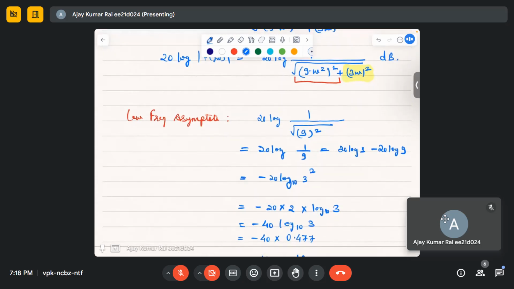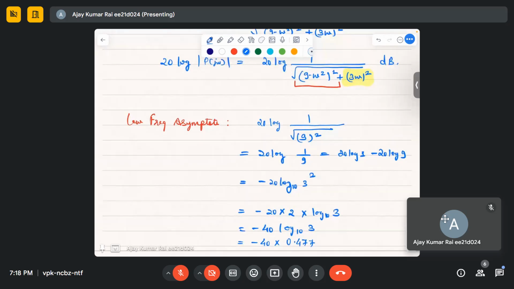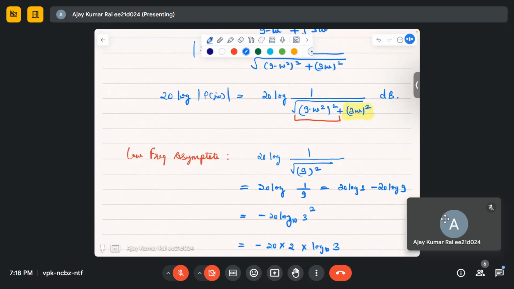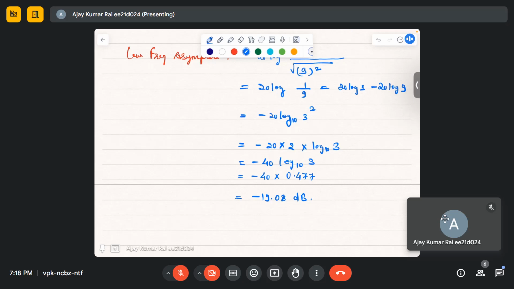Okay, so we are asked about the low frequency asymptote. So at very small values of omega, we have to find the magnitude. What I have done is I have just removed the omega square terms, so I will end up with 20 log of 1 by 9, which is equal to minus 19.08 dB.